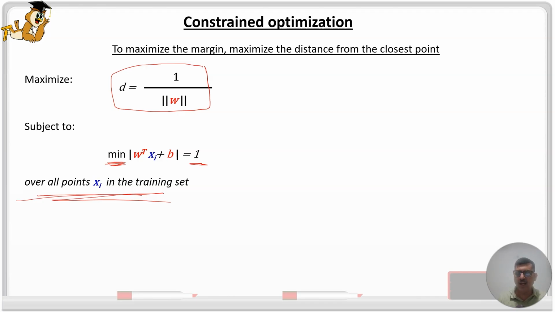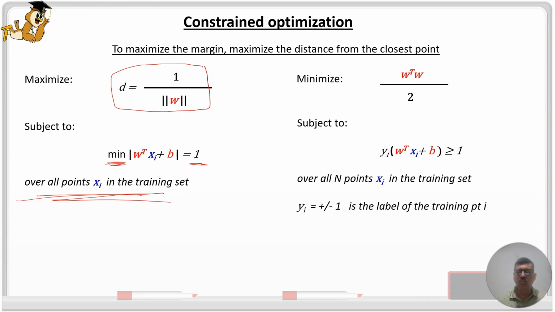We are going to write this problem a little bit differently, but in a way which means exactly the same thing. What we are going to do is, instead of maximizing 1 over norm of W, we are going to minimize W transpose W. Here W is in the denominator, here it's in the numerator.